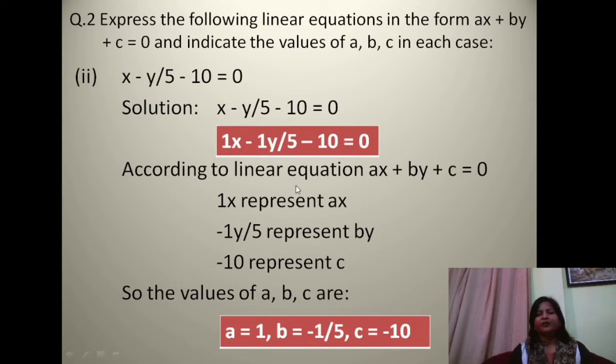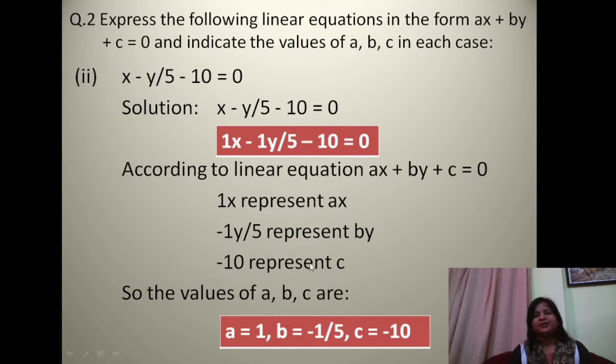According to the linear equation ax plus by plus c is equal to 0, 1x represents ax, minus 1y upon 5 represents by. That means a is equal to 1. Here you can see a is equal to 1. And b is equal to minus 1 upon 5.